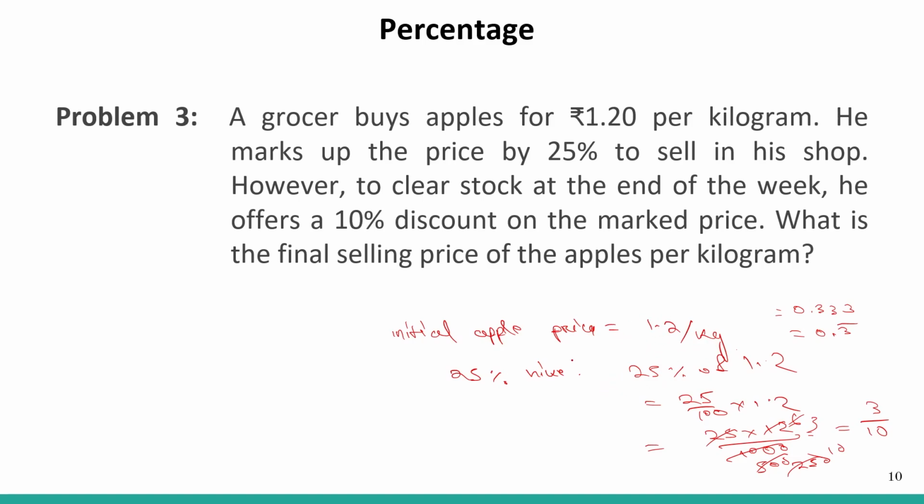So the new price becomes 1.5333, or 1.53 bar, since 3 is repeated after 5, and the repetition is of 3 only. So this is the current price.